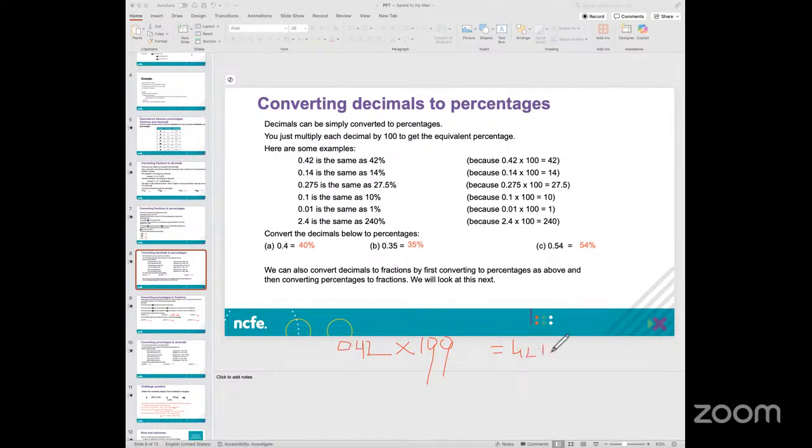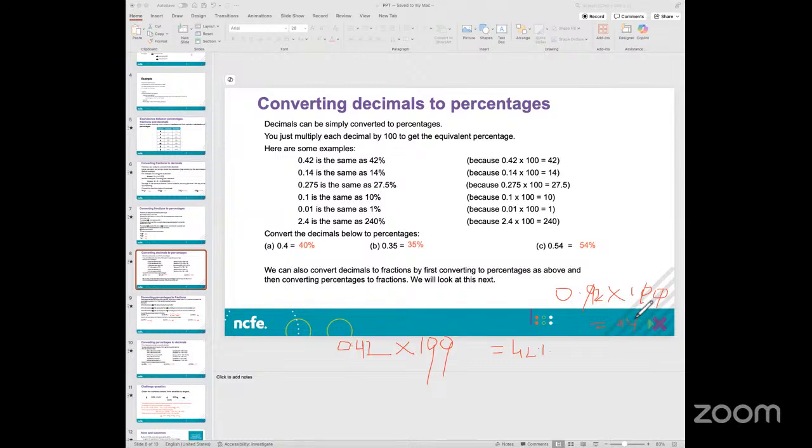If you had a number like 0.92, and you have to express that decimal as a percentage, you'll multiply this by 100. Because there are two numbers after the dot, one 0 cancels out one, the other 0 cancels out the other. This will become 92%.